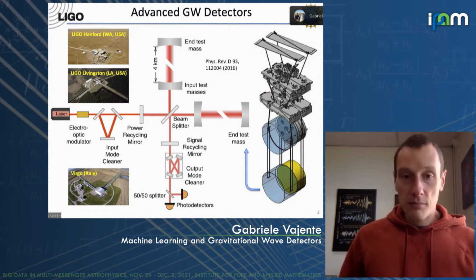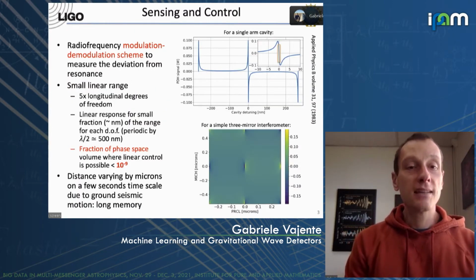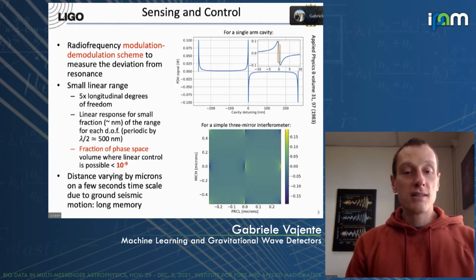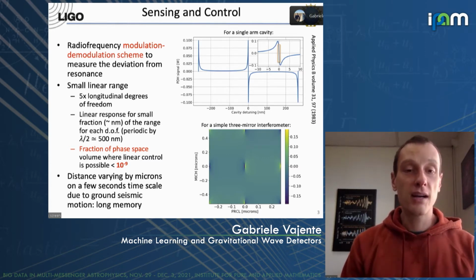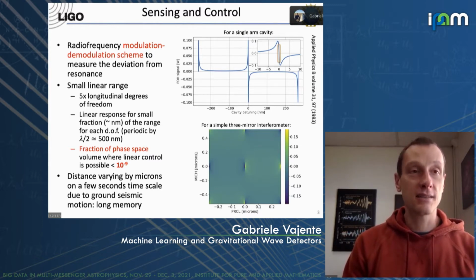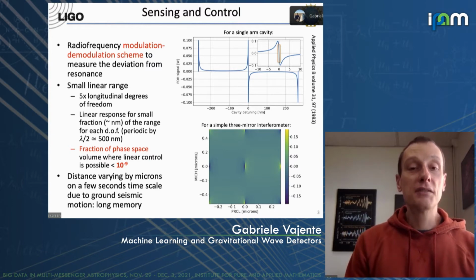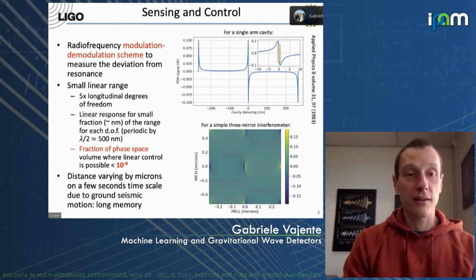To be able to reach the sensitivity we need, we cannot really use any macroscopic or local measurement of the position of the mirrors. We really need to rely on optical signals, so signals that are extracted from our lasers, to measure the relative distance between the different mirrors.